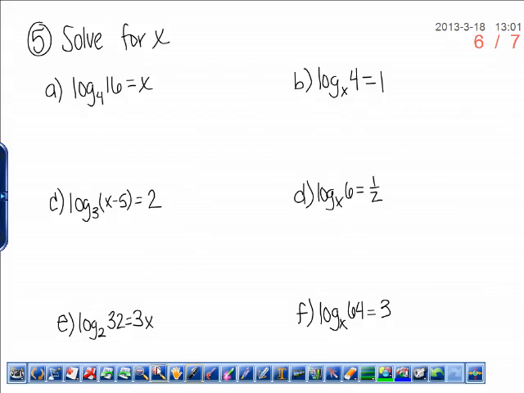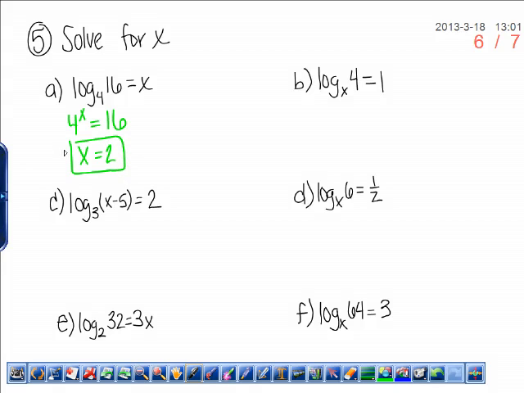How can I turn this into an exponential so I can solve it? 4 to the x equals 16. So what must x be? 2. Everyone okay with that?